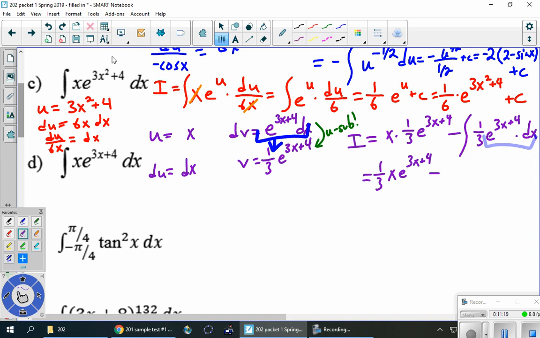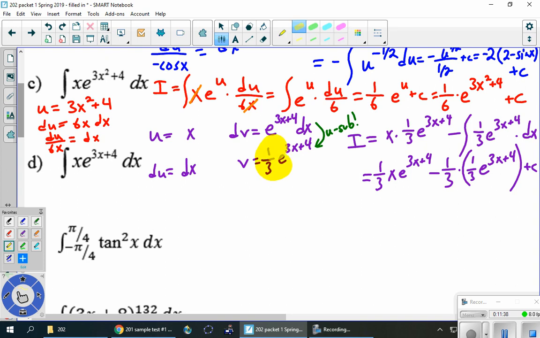So hopefully that's not too many words. We're just going to write this first 1/3 is the 1/3 that was already there. This next 1/3 is coming from the u substitution. I'll put it in parentheses, try to highlight it and make it look different. And then plus c at the end there. In fact, why don't I actually highlight it? So this thing here got copied.